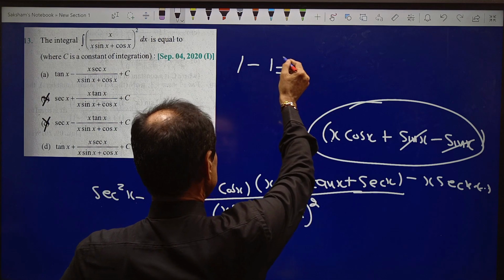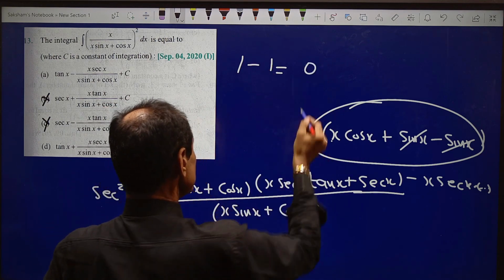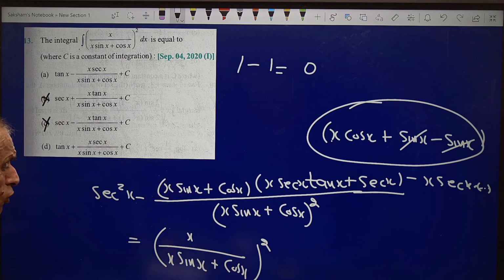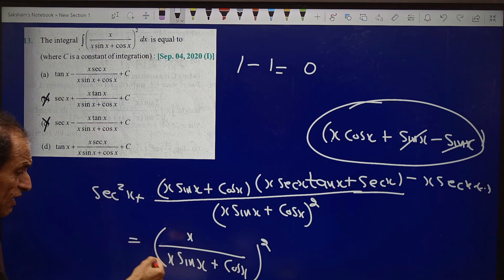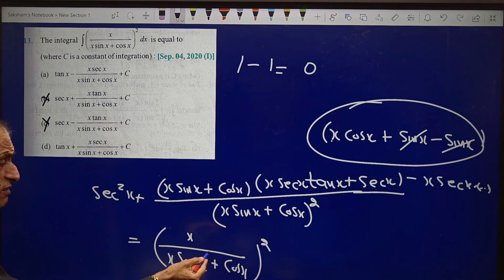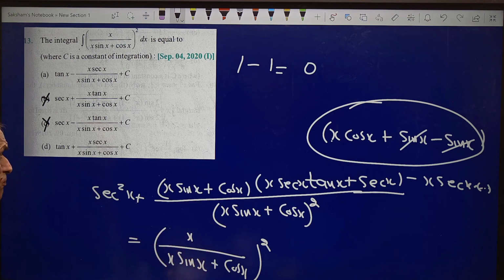That is, left hand side is 1 minus 1 and right hand side is 0. Hence for x equal to 0, both are equal. Had I taken plus here, then I would have got 2 on the left hand side, right hand side is 0. Hence they cannot be equal. That is, after simplifying this, I will never get this thing. Therefore I can say A is correct.